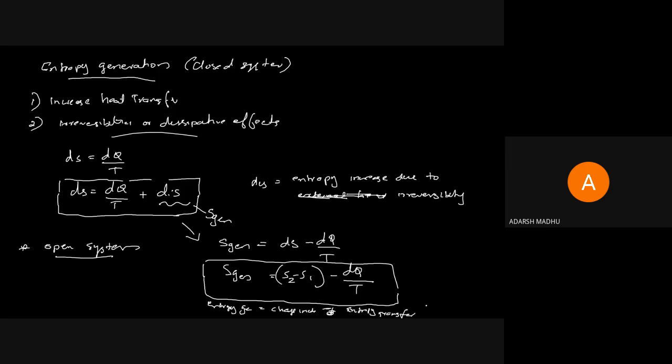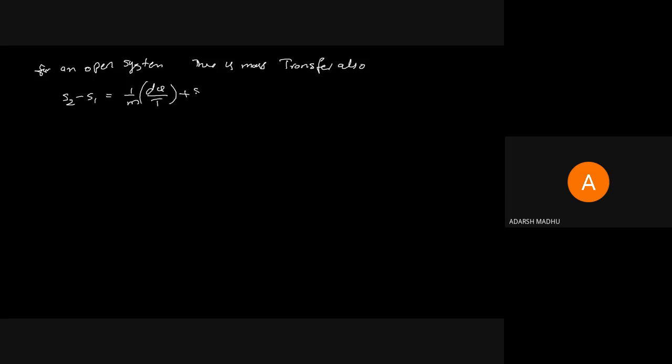Okay, the entropy generation equation for an open system, where there is mass transfer also, can be written as S2 minus S1 equal to, that is ds equal to 1 by m dq by T plus S generation by m, the whole divided by mass.